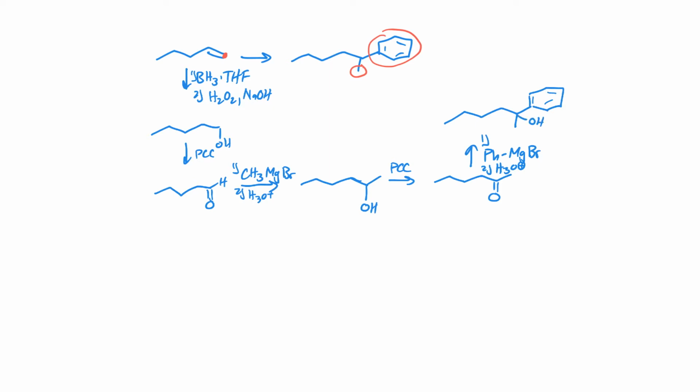How do I get rid of this? Well, if I eliminate the alcohol with E1 type conditions, I'll probably form that alkene, and I can of course reduce the alkene with H2 and palladium. So I've removed the functional group altogether.